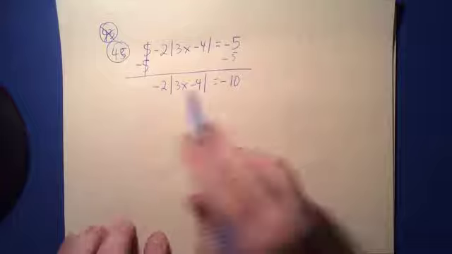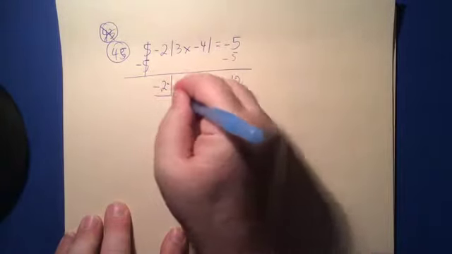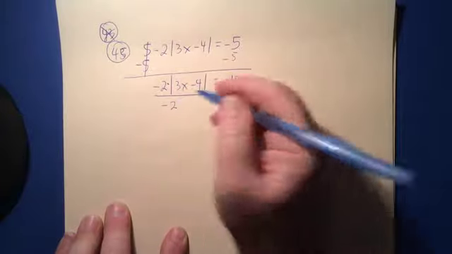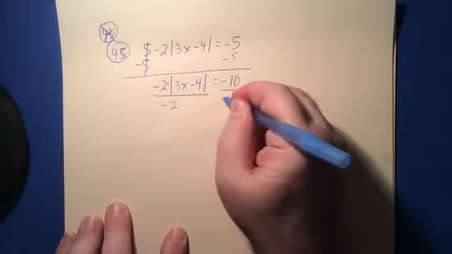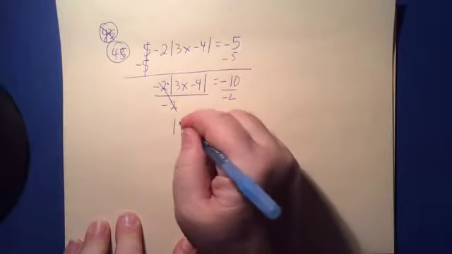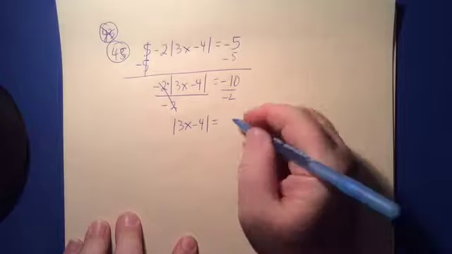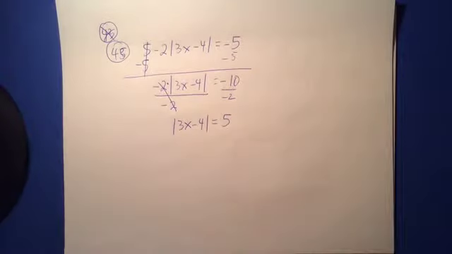Now I need to get rid of this negative 2, and because it's multiplying the absolute value, I'm going to divide both sides by negative 2. That'll give me the absolute value of 3x minus 4 is going to equal 5.